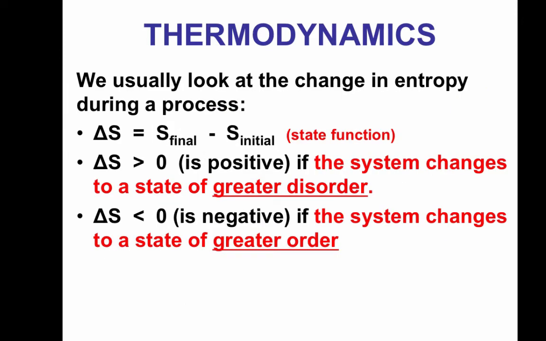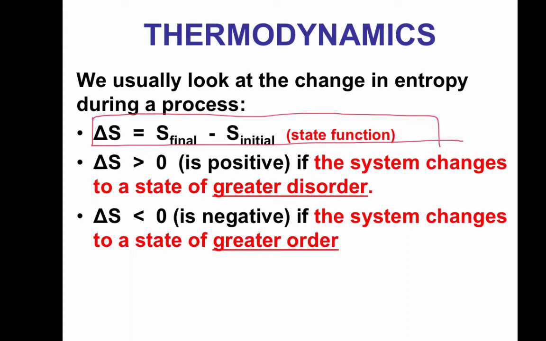So like I said before, entropy is a state function. So it only depends on the final and the initial. So with that, we can look at the change in entropy. We can look at delta S. So to find delta S, which is the change in, you just take final minus initial. If your delta S is greater than 0, if it is positive, then you have an increase in entropy and you have greater disorder.